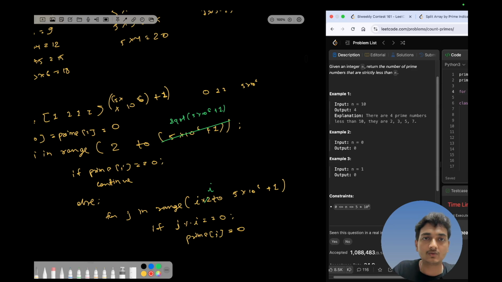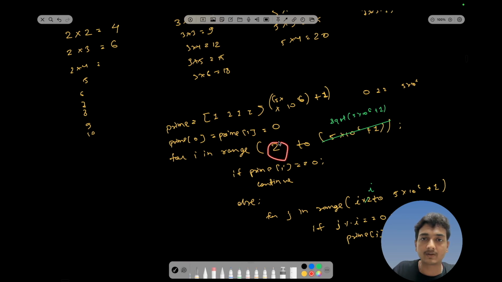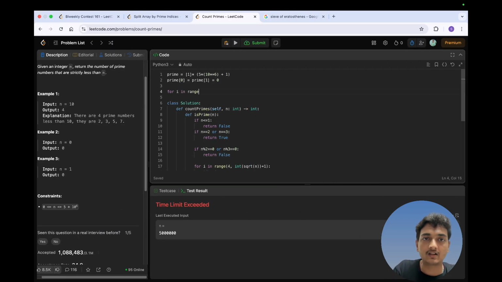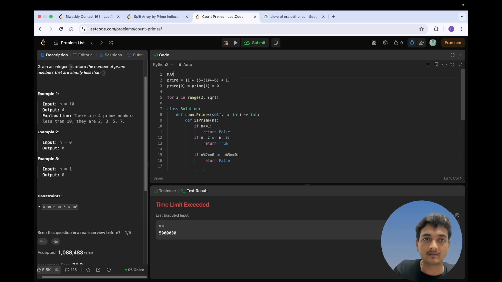Now I need to start from 2 itself, because I know 0 and 1 are non-prime numbers. For i in range 2 till when? I have to go till the square root of n. So I should write something like this: max range equal to this number, and that will be, I think, more perfect and easier to write.